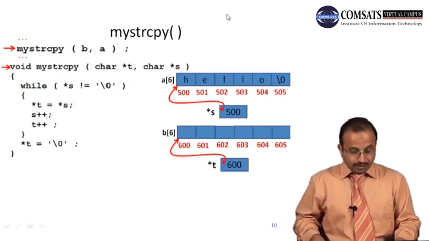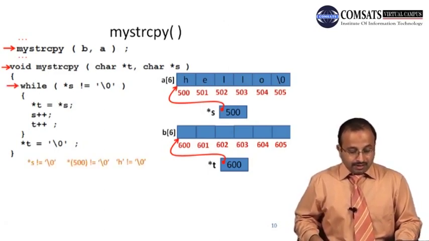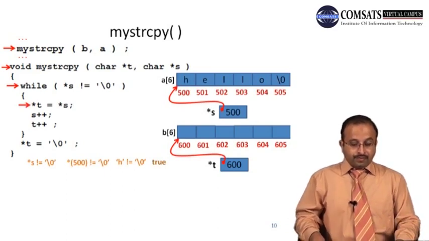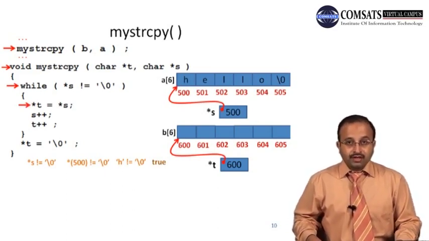So let's dry run this program. Then you check the while loop condition. This condition is *s is not equal to null. *s is *500, the value at address 500 is H. So H not equal to null condition is true. It comes inside the loop. So when this statement is executed, that is *t is equal to *s, we will have H written over here.